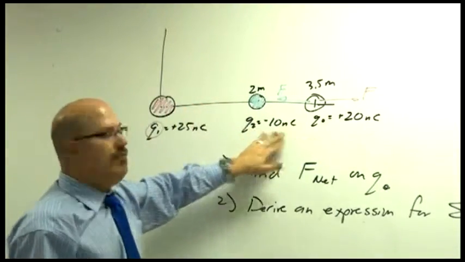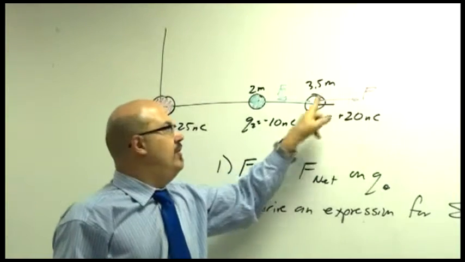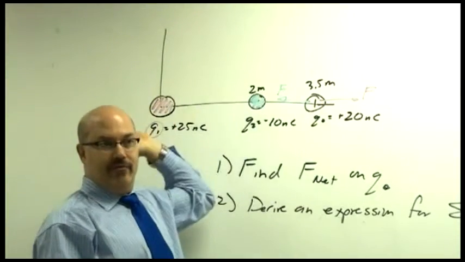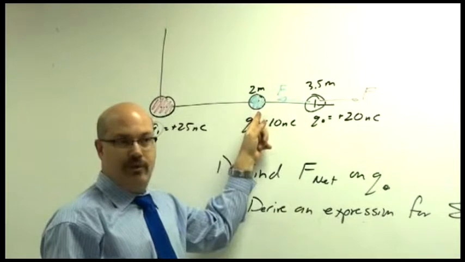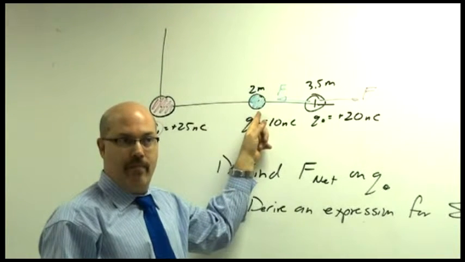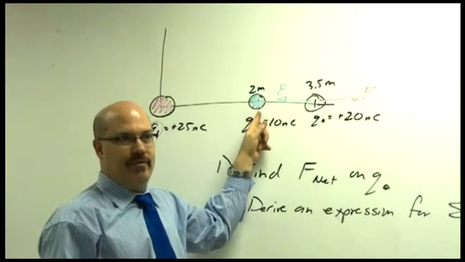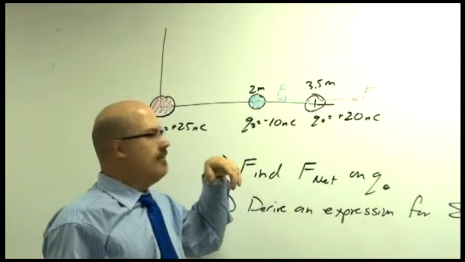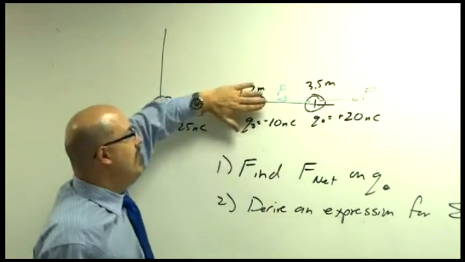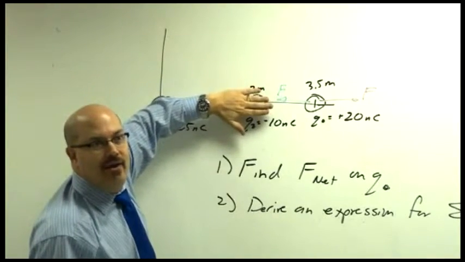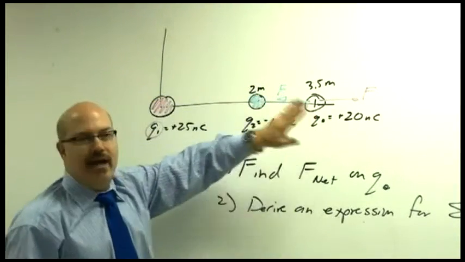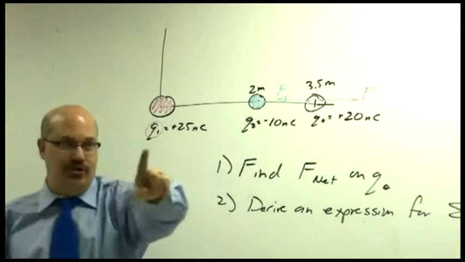This is negative and this is positive, so this one is drawn to the left because of this one. Oh, okay. I thought you were saying the negative was going away from the other. No, I'm not even telling what these are doing. I'm just looking at this instant on that one charge.